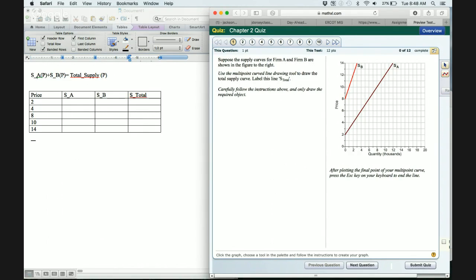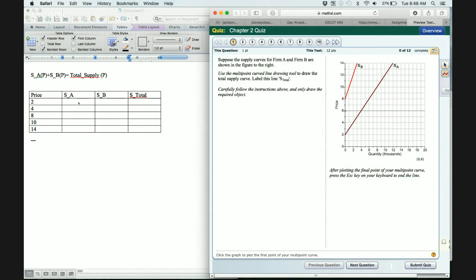At a certain price, firm A will be willing to produce some quantity, and at each price, firm B will also be willing to produce some quantity. The total supply is just those two quantities added together. We can figure out the total supply at each price by going through the graph here.